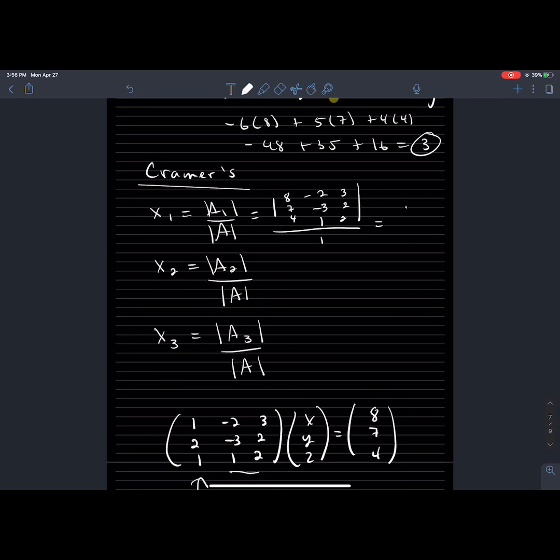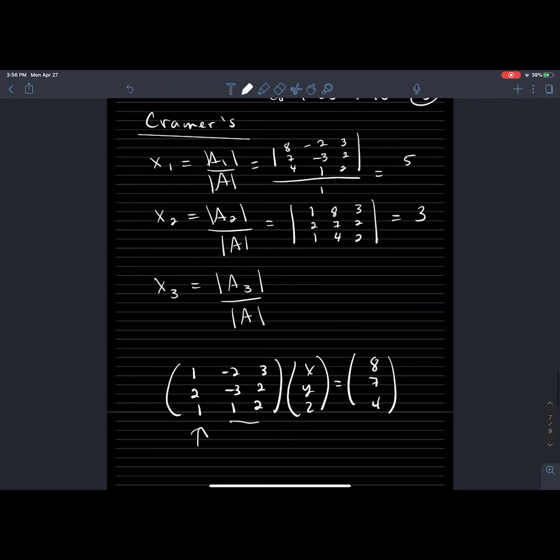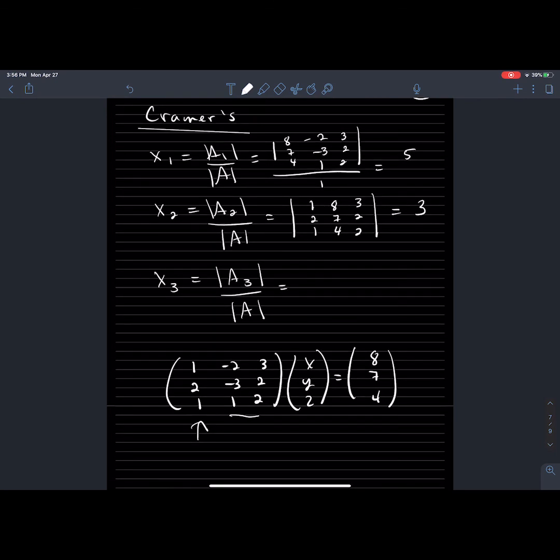And we get 5. And then for my second one, I'm going to keep 3, 2, 2, and put 8, 7, 4 here. And this one is 1, 2, 1. I'm going to get 3 for that when you throw it into that determinant.